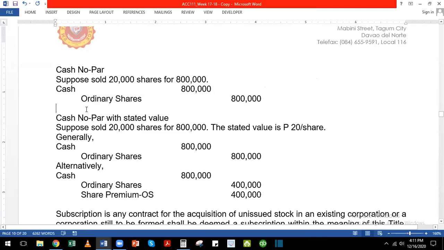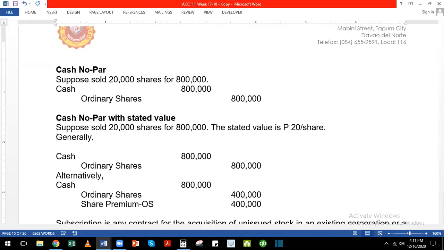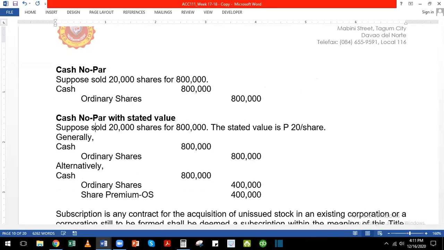But if the no par value share, meron siyang stated value, okay? Yung stated value is in lieu of the par value. Walang given na par value, what will be the entry? So suppose that they sold 30,000 shares for 800 and the stated value is 20 per share.